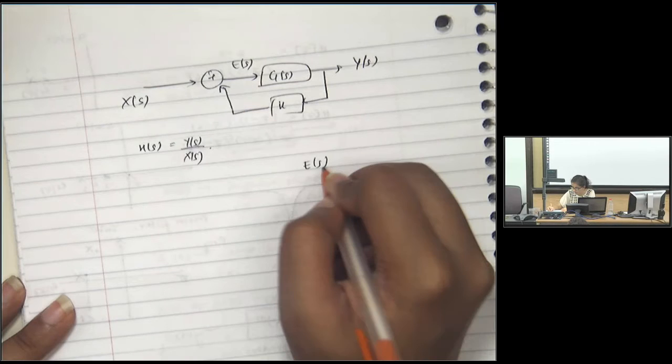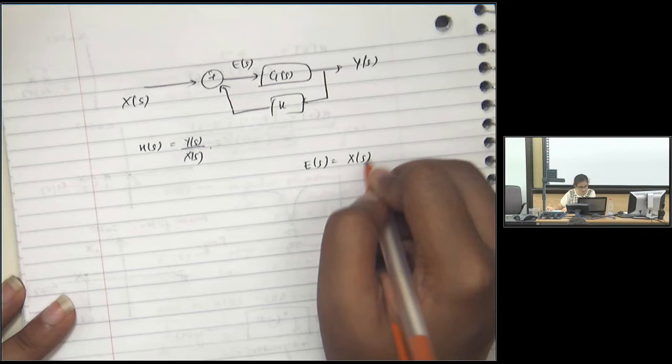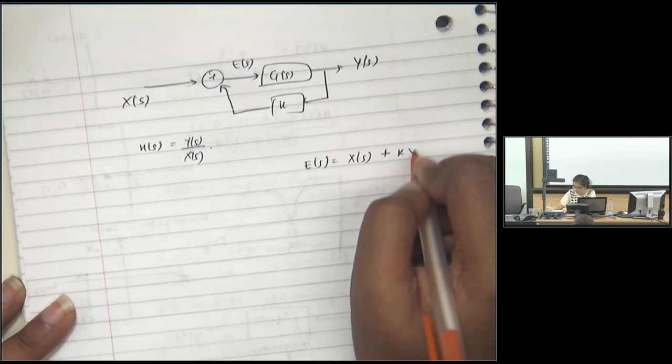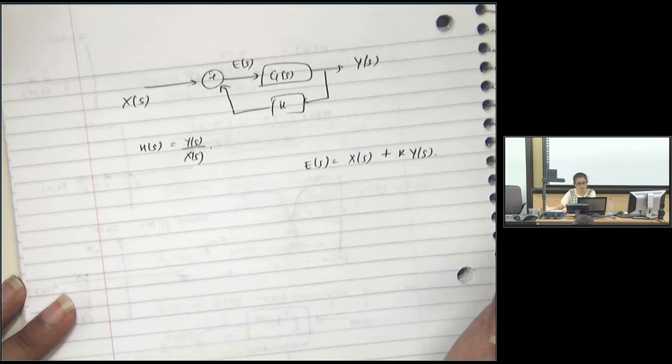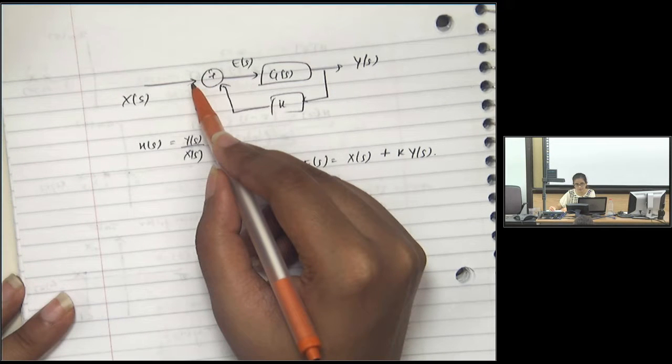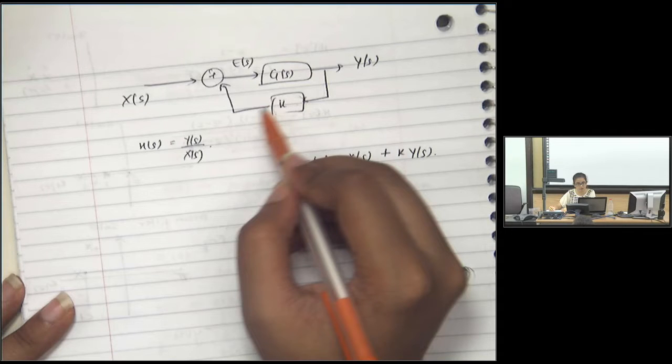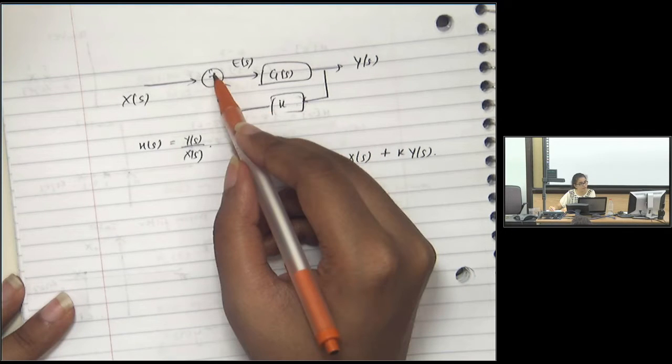So first I'll write e of s. What is e of s? E of s is x of s plus k y of s. E of s has x of s as an input and y of s times k as another input, and both of these are added together.